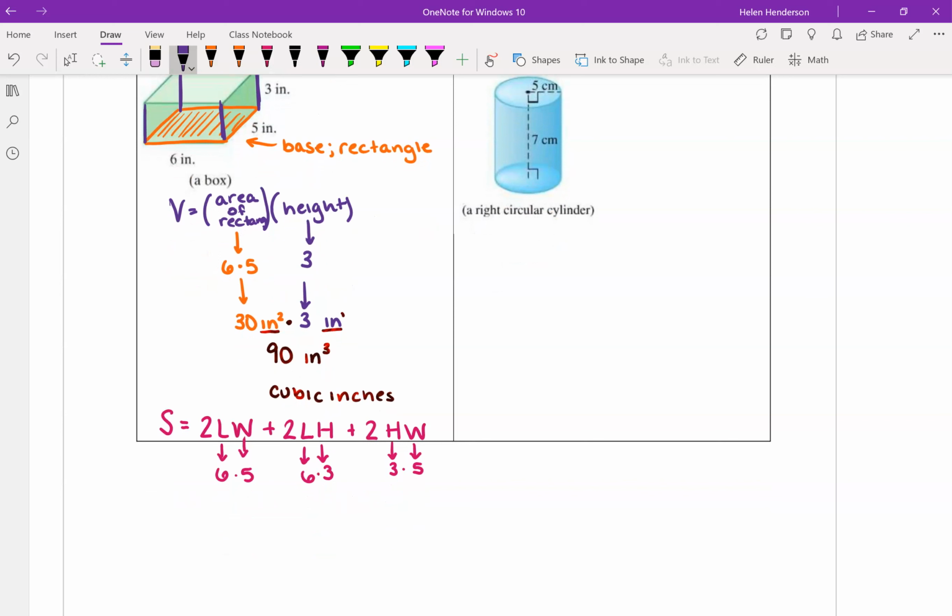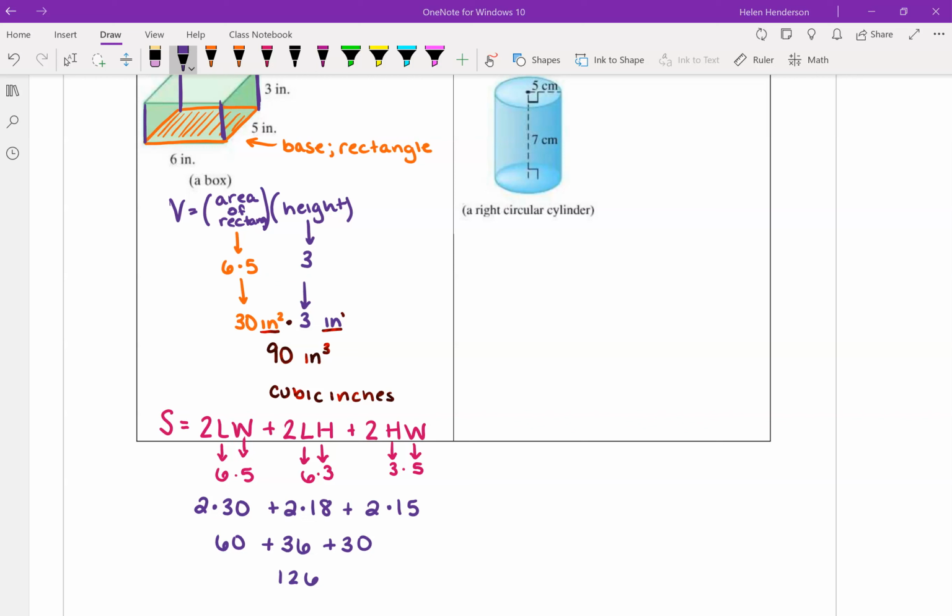So that becomes 2 times 30 plus 2 times 18 plus 2 times 15. So that makes 60 plus 36 plus 30, which makes 126. Now, what are the units on that?